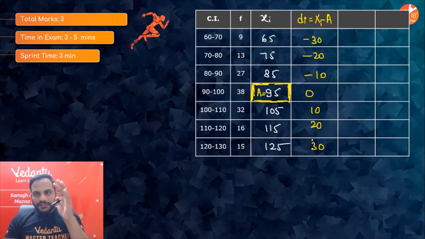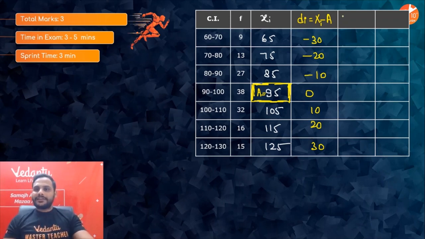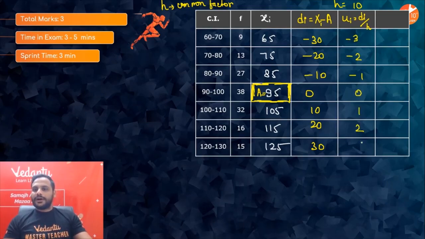So if all the values of D are divisible by a common number, we can further reduce the calculation by getting the value of U. Let's take U as Di upon h, where h is the common factor of all the values of D. So common factor here is 10. Here h is equal to nothing but 10. So minus 30 by 10 is minus 3, minus 2, minus 1, 0, 1, 2 and 3. So you can see calculation is reduced a lot.